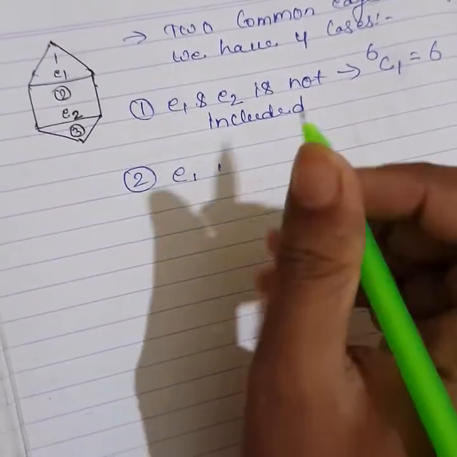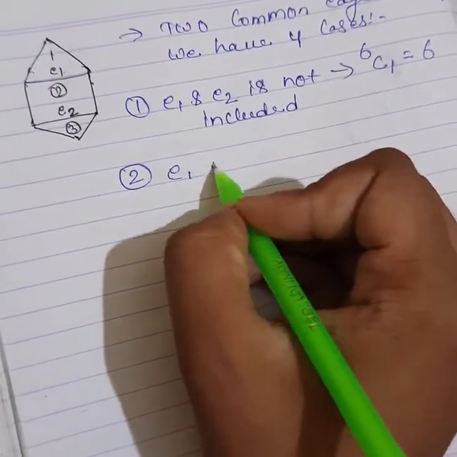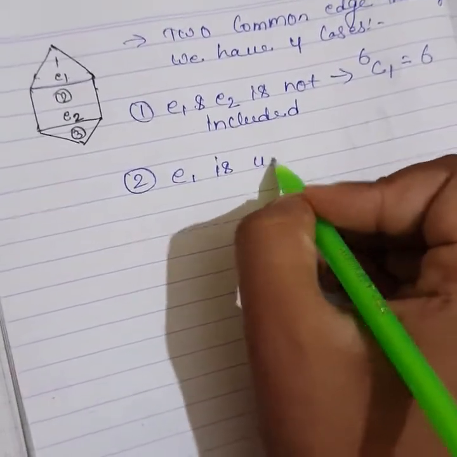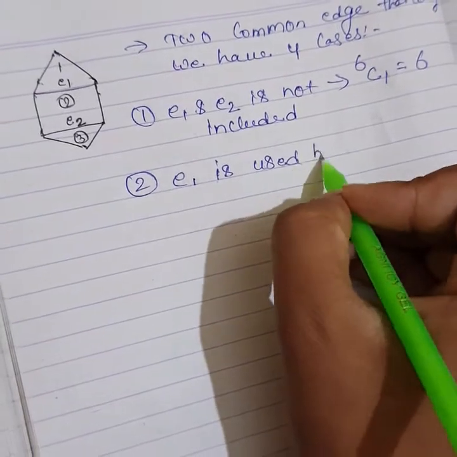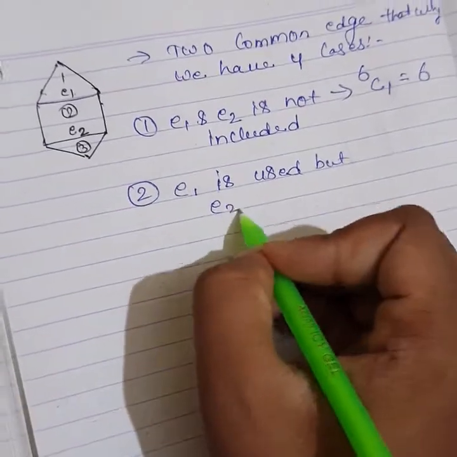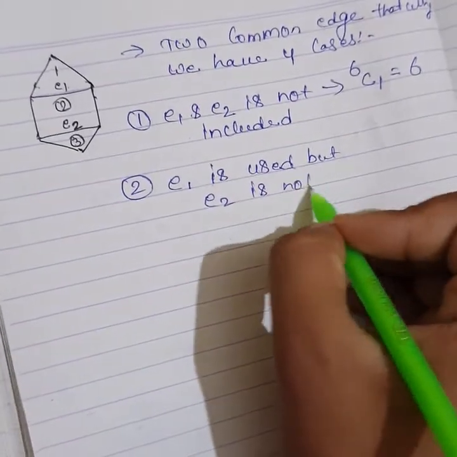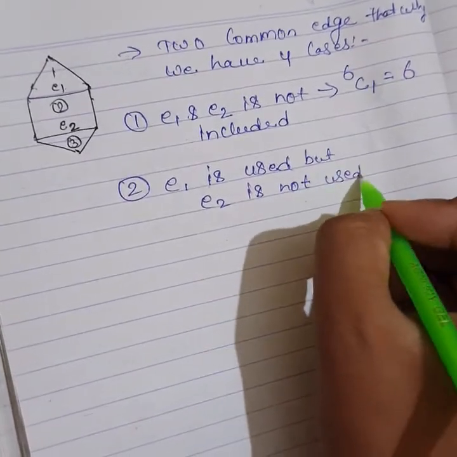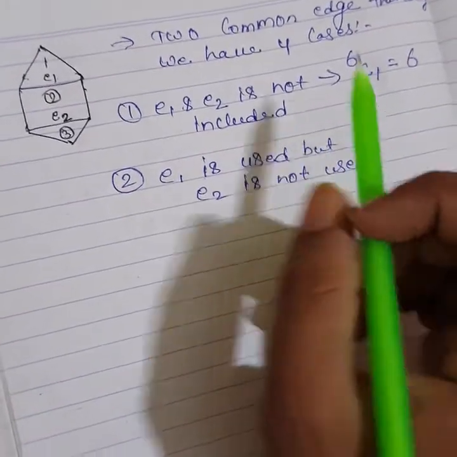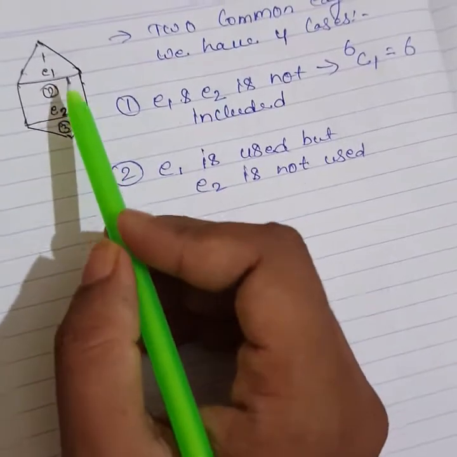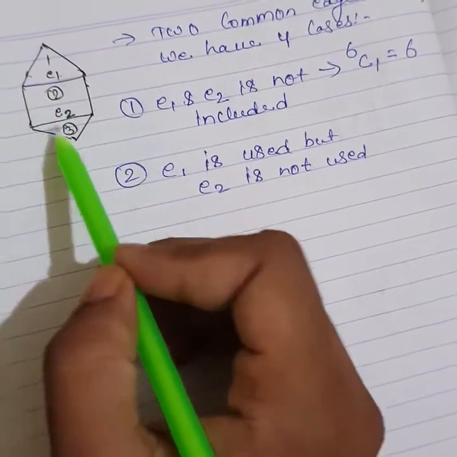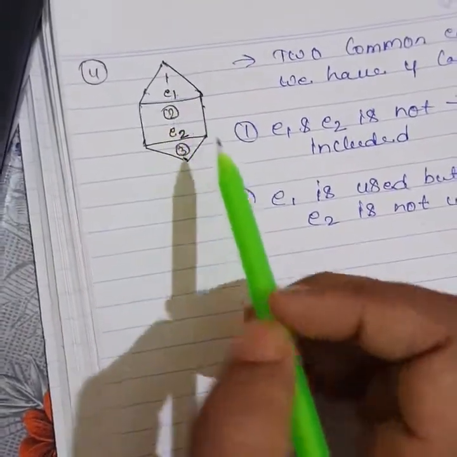The second case is if E1 is used but E2 is not used. Then we have only 2 cycles.